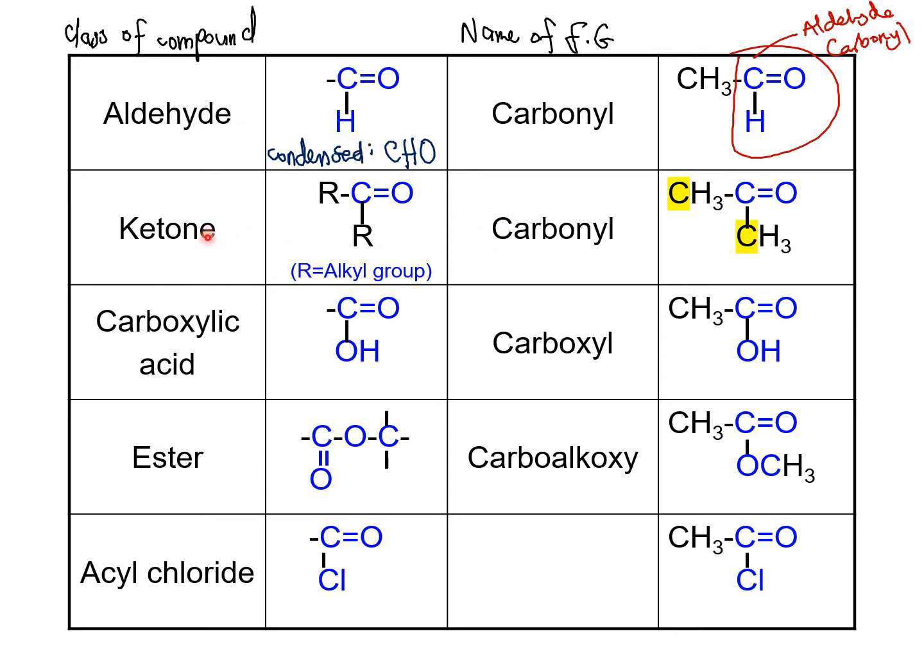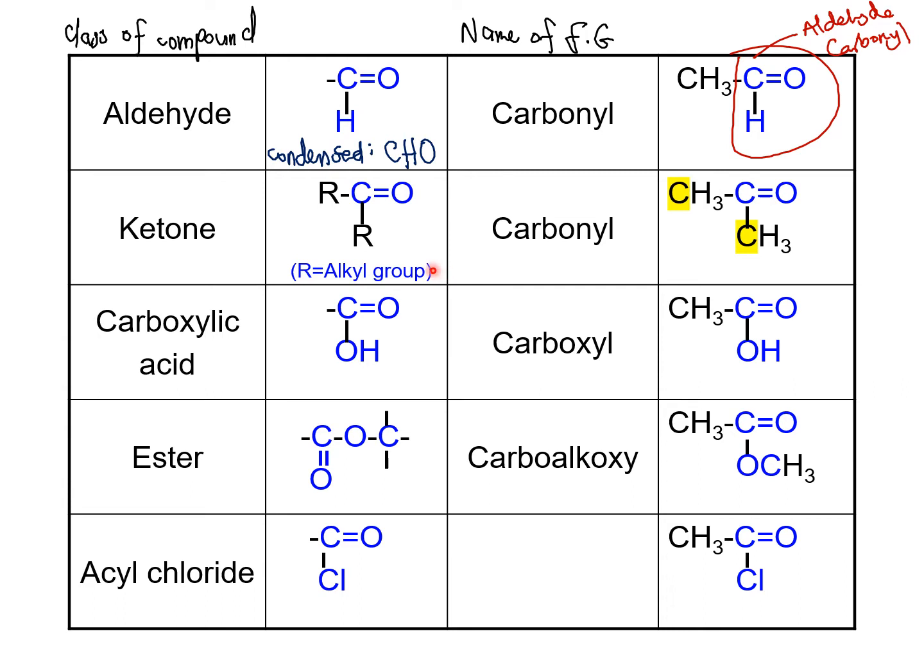Kalau ketone, class of compound ketone, dia C double bond O, tapi dia akan berada di tengah-tengah lah, because dia akan ada in between carbon ataupun in between alkyl group. Alkyl group ni dia tak kisahlah CH3 ke, CH2, CH3 ke, asalkan kat sini kena carbon, sini pun kena carbon.